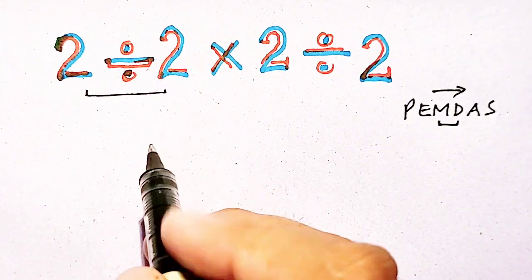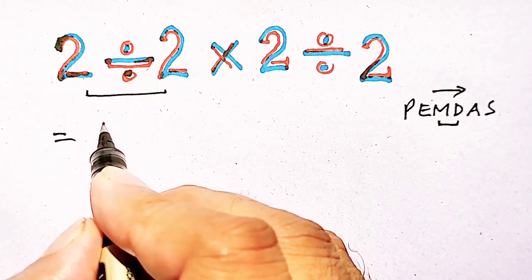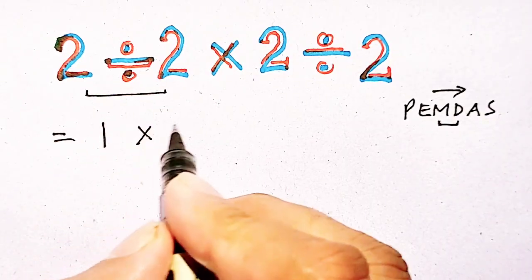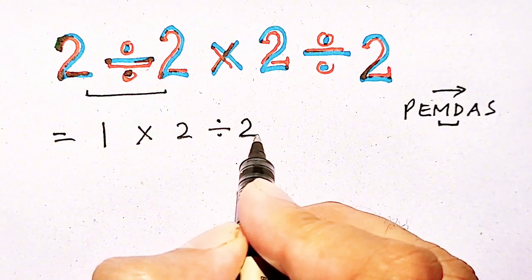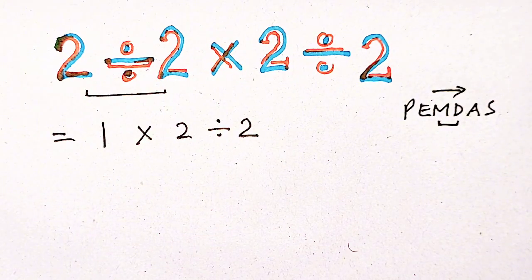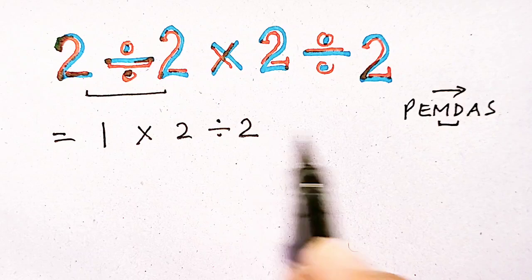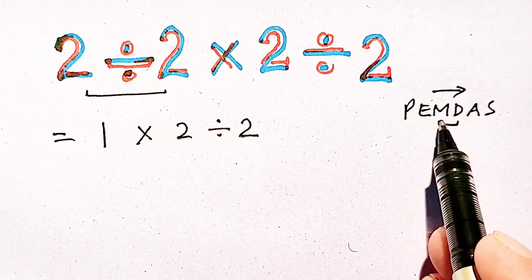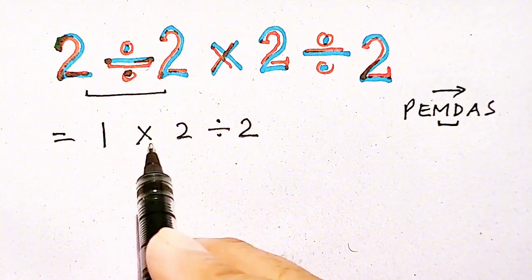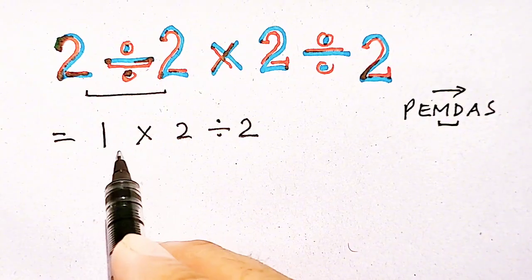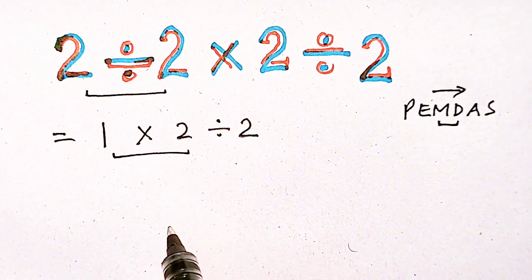2 divided by 2 will be equal to 1, multiplied by 2 divided by 2. Now PEMDAS says that multiplication and division are in the same question, so the function which is at left will be solved first.